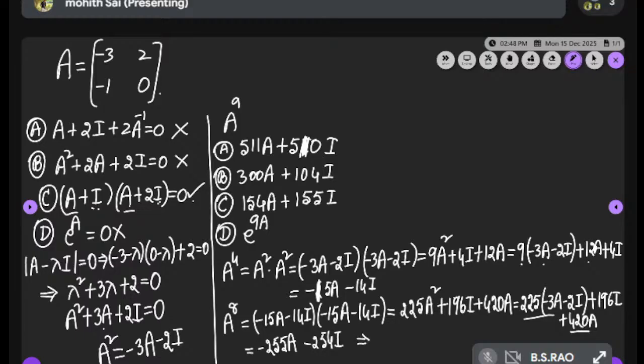Now this implies A power 9 equals to minus 255A square minus 254A.